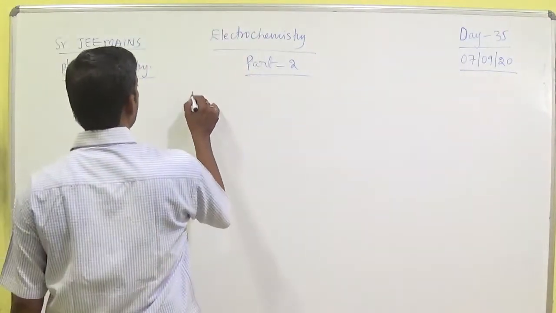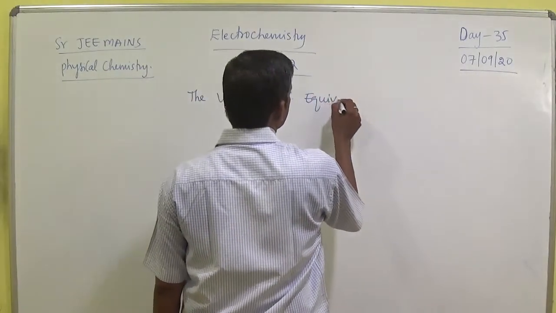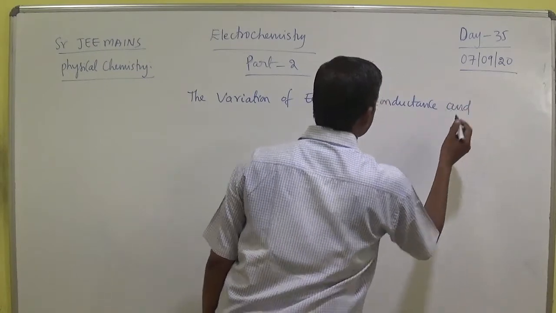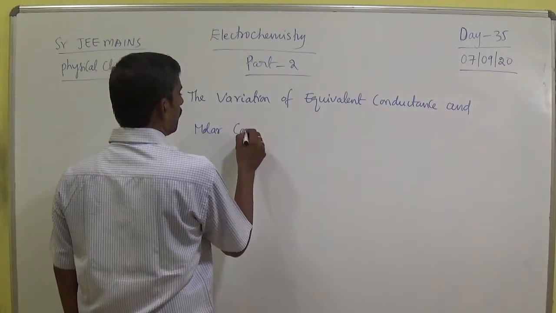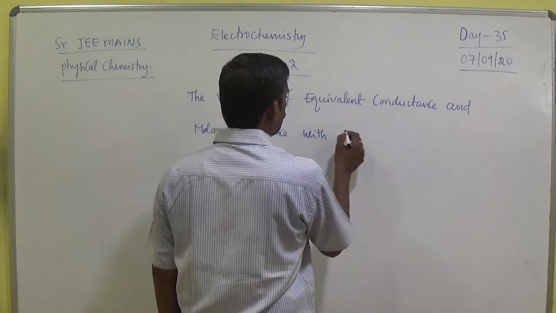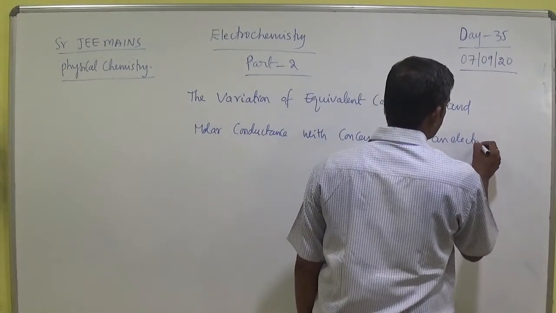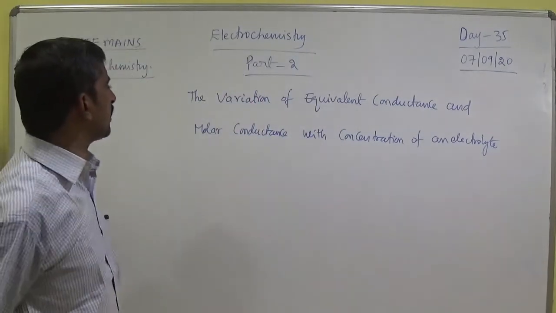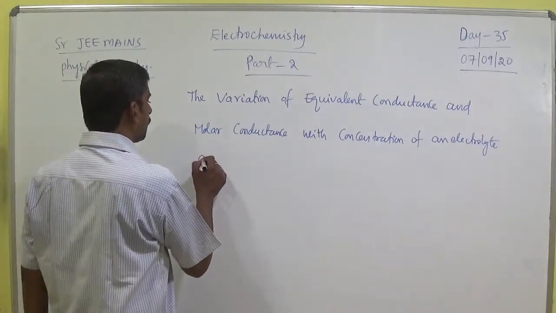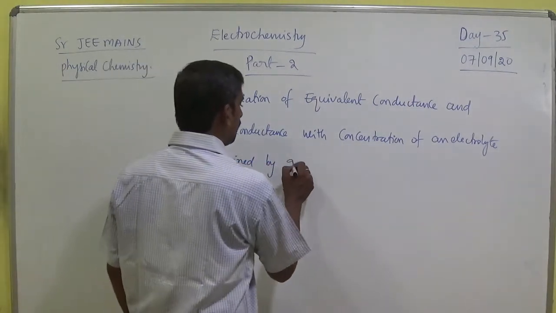Write down: the variation of equivalent conductance and molar conductance, friends, with concentration of an electrolyte is determined graphically.